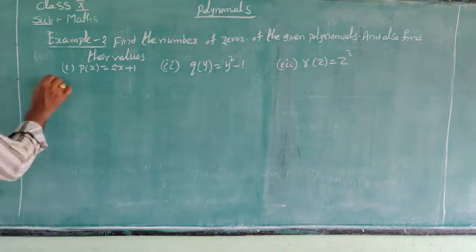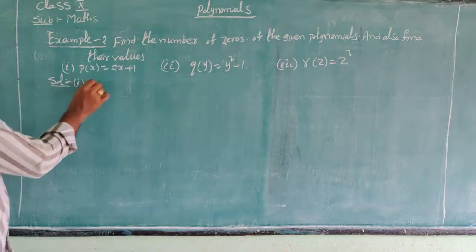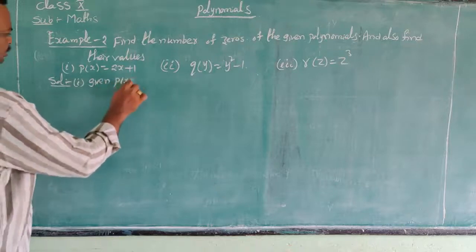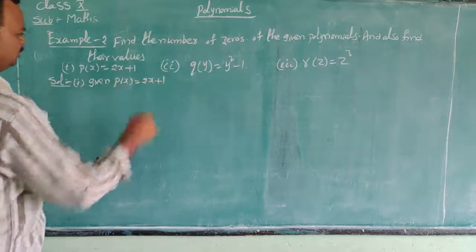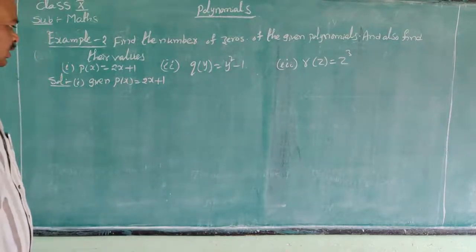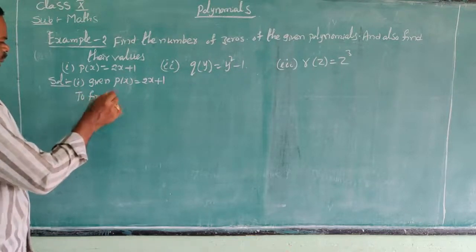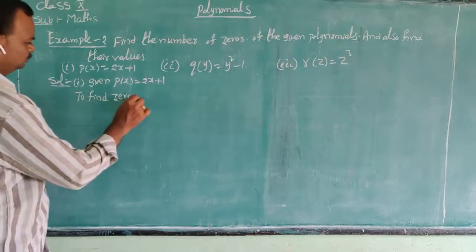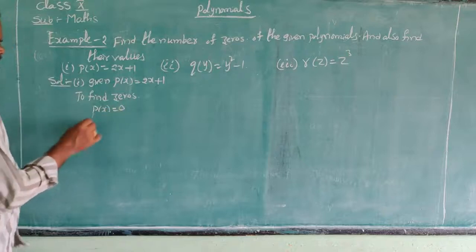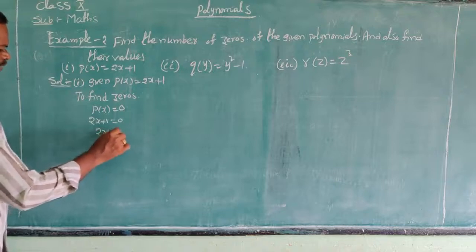Solution. Given p of x is equal to 2x plus 1. To find the zero, p of x is equal to 0, that means 2x plus 1 is equal to 0, so 2x is equal to minus 1.